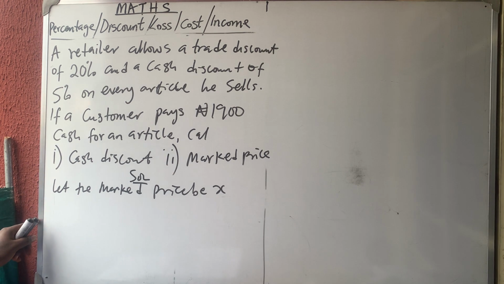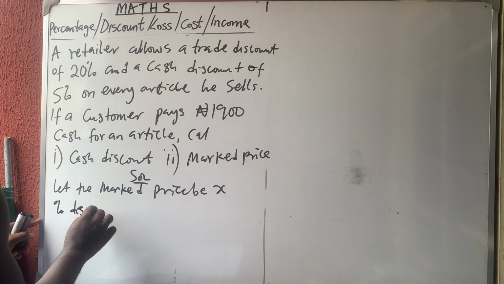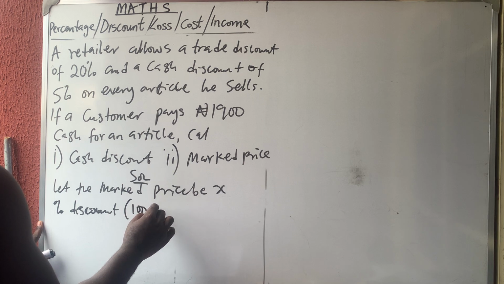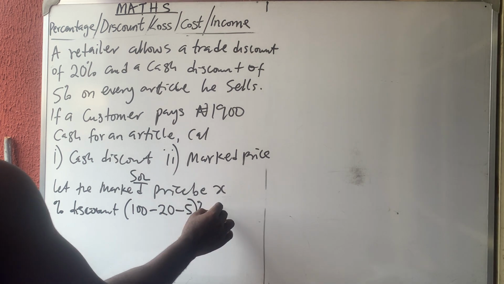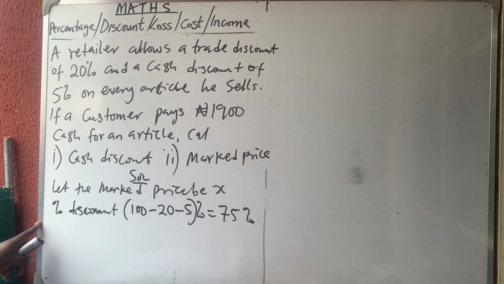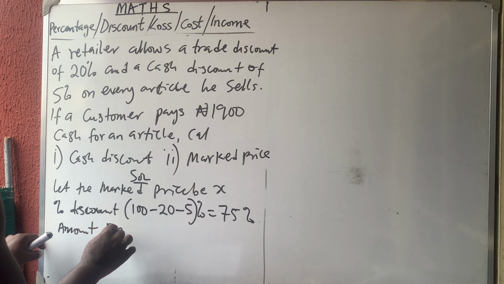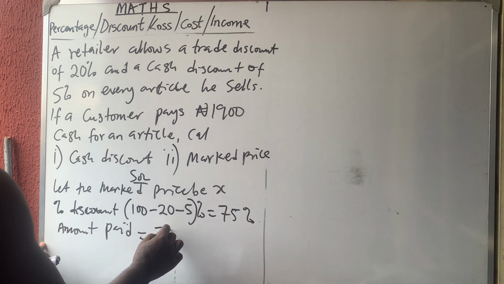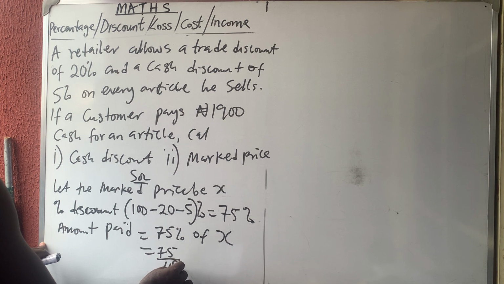So the percentage is 100 minus 20 for buying his goods minus 5 for paying cash, which is 75%. So the amount the man paid, or amount collected by the seller, is 75% of this marked price, which is 75 over 100 times x.